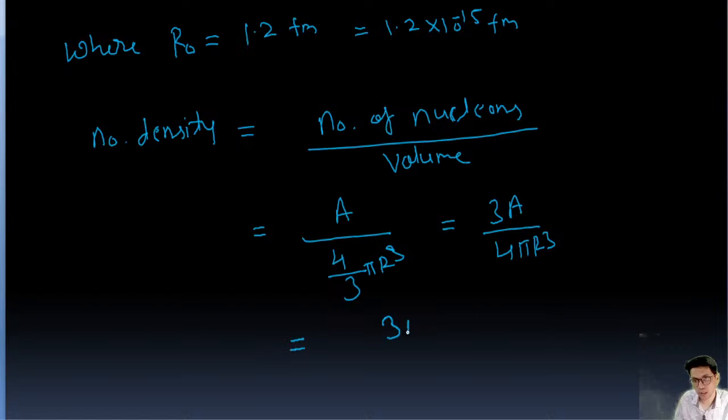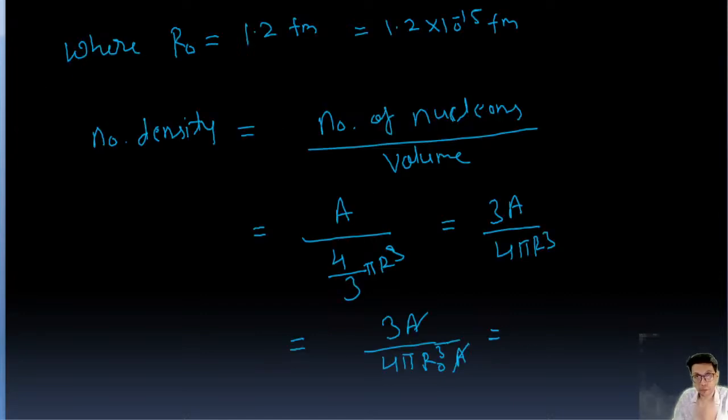So this is going to be 3A upon 4π, R cube is going to be R naught cube times A, because A to the power 1/3, cubed, means A will get cancelled. This is the number density.